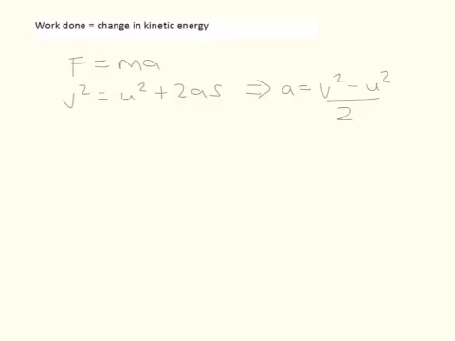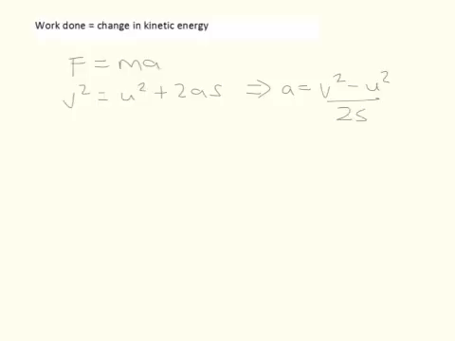Now if we consider Newton's second equation, force is mass times acceleration, and we also consider the fact that v squared equals u squared plus 2as, what we can now do is rearrange this equation to write a equals v squared minus u squared over 2 times s.